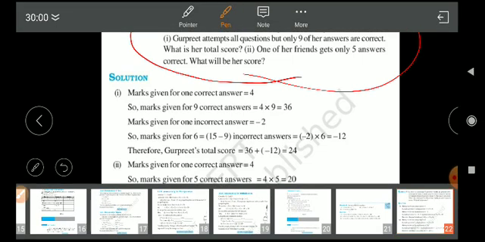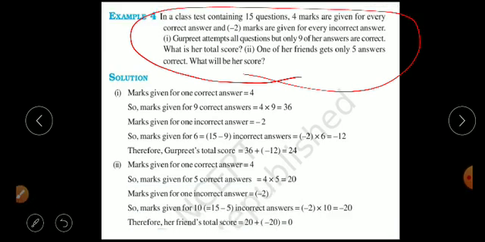Now one of her friends and Gurpreet: 9 of her answers are correct and one of her friends has 5 answers correct. For a correct answer 4 marks are given and for an incorrect answer minus 2 are given.